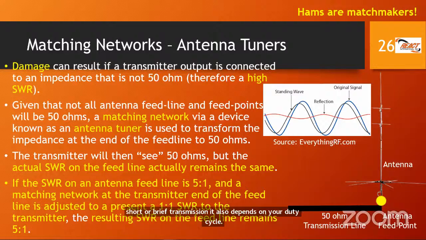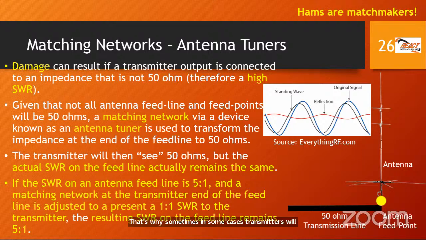That's why in some cases, transmitters will have a device called a circulator that may take into account, let's say, if the antenna gets damaged, or maybe the feed line going up to the tower gets disconnected or severed. So yes, it is possible for damage to occur, but there are also solutions that you can apply.